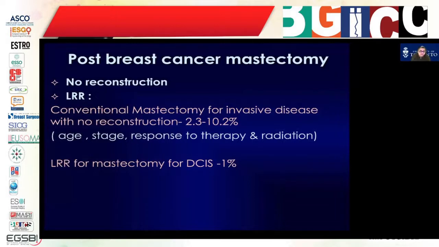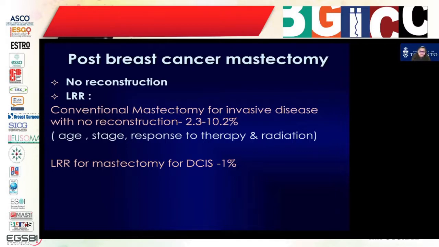The local recurrence rate for DCIS is very low. So for any woman with DCIS who has a mastectomy, the likelihood of recurrence is very, very low. So in that sense, it is completely therapeutic.